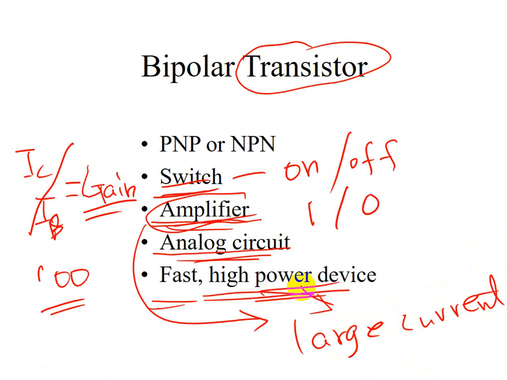So we call it a high power device. Sometimes we say power IC. This is so-called bipolar junction transistor.